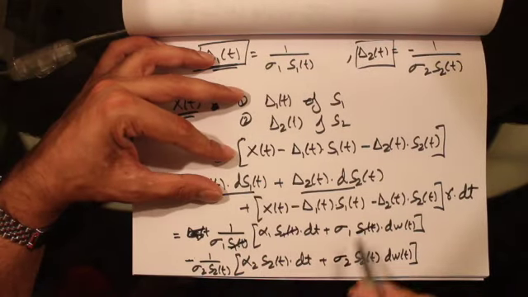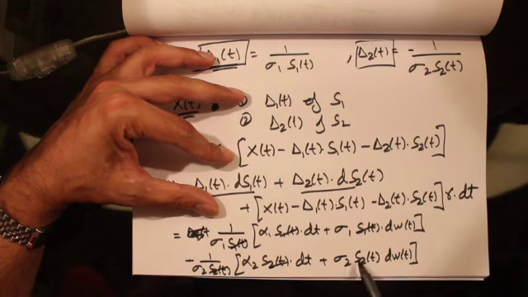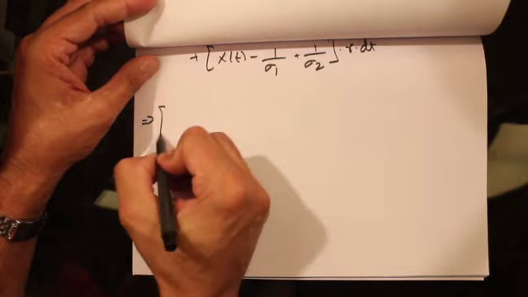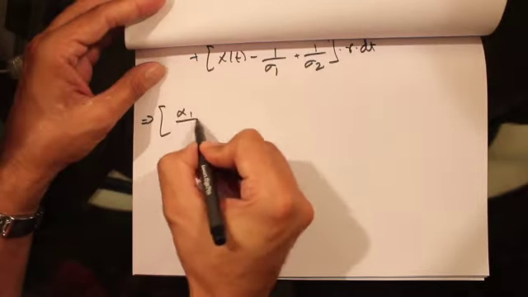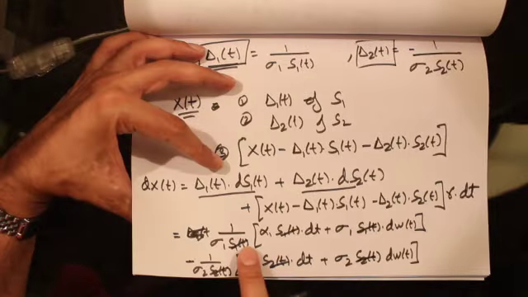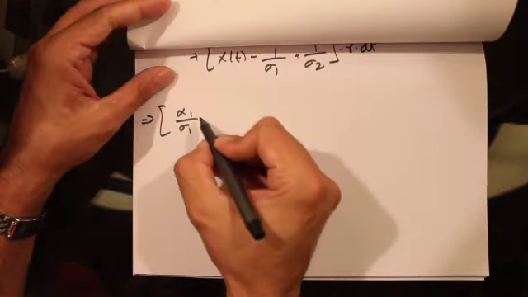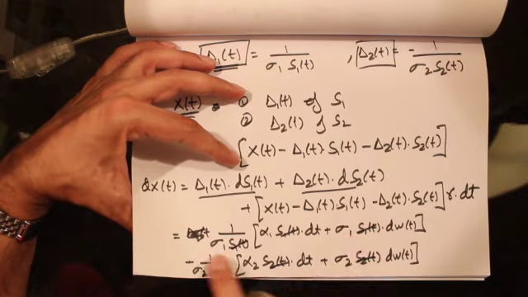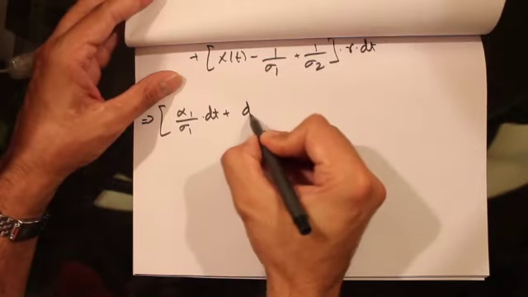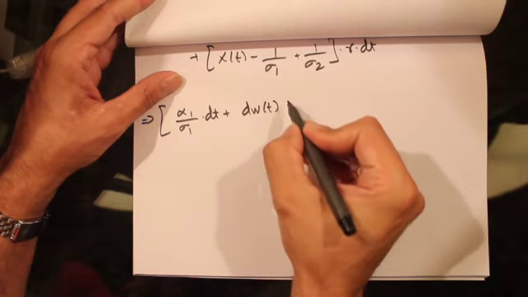Okay, so now let's solve here. All these S's cancel out, so what we are left with is alpha 1 over sigma 1 dt, plus alpha, sigma 1 cancels out, we get dW(t).